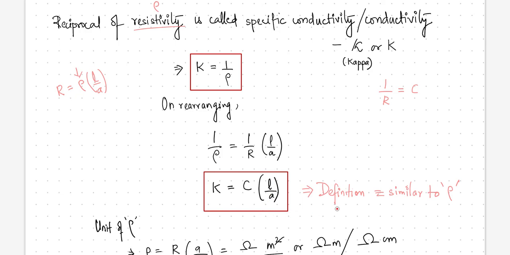Now, if you want to define conductivity, you can define it in a similar way as we defined resistivity.